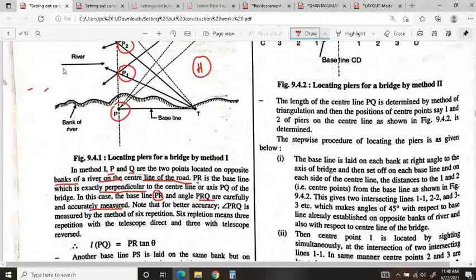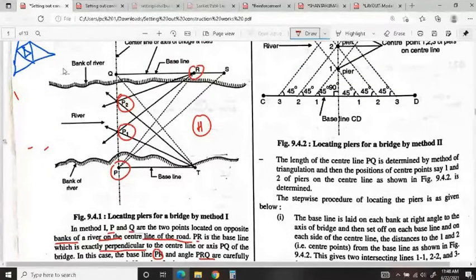Note that for better accuracy, the angle PRQ is measured by the method of 6 repetitions, meaning 6 times you are doing it. 6 repetitions means 3 repetitions with the telescope direct and 3 with the telescope pivoted, meaning left face observation and right face observation with the theodolite.